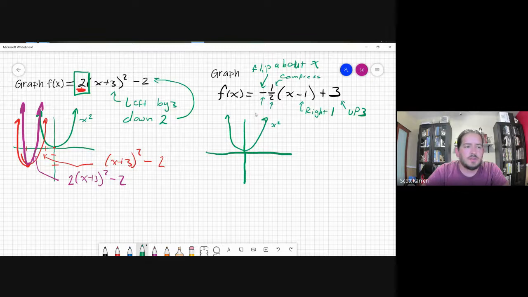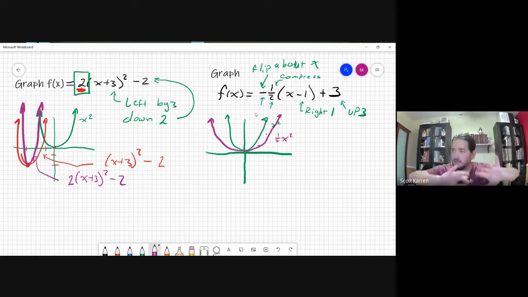If I compress it, everything just gets flattened down. And so a value up here is only half as much. This value up here is only half as much. And so it really just widens the base of this parabola. Right? It's been smushed. So this is 1/2 x squared, right?